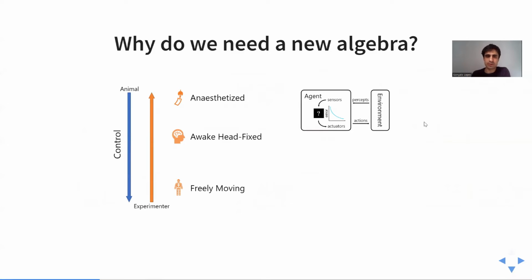Why do we need a new algebra for neuroscience experiments, and why has Bonsai become so popular in recent years to set up these kinds of experiments? One of the main reasons, I believe, is the movement from more controlled anesthetized preparations, or even awake head-fixed preparations, to closed-loop freely moving experiments, where what we try to do is essentially find new ways of manipulating and controlling the signals from the environment to the brain, perceptions, and the changes that animals cause in the environment through action.